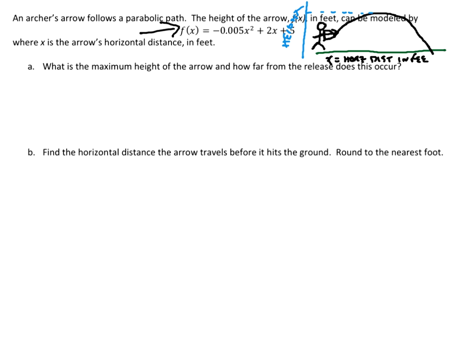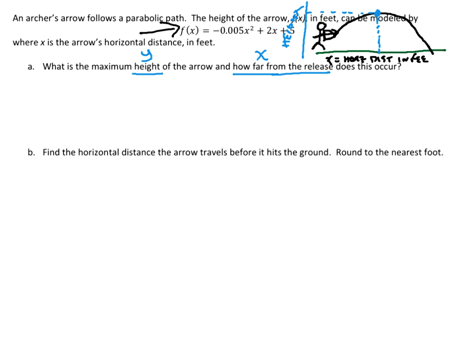And the maximum height will be the y value of the vertex. So the height is going to be the y value. How far from release is going to be the x value of the vertex. So we're looking for those values.